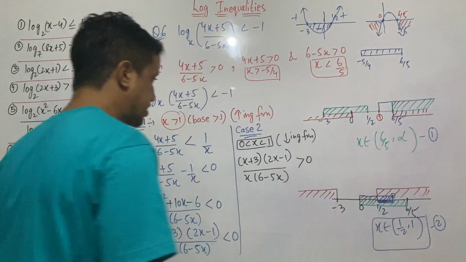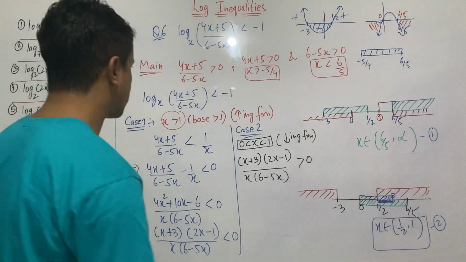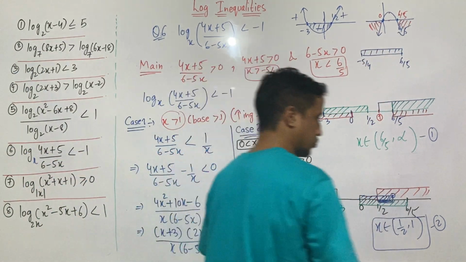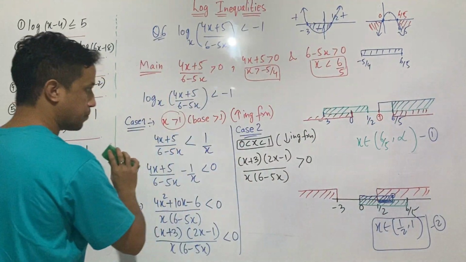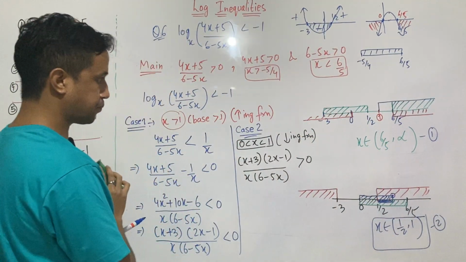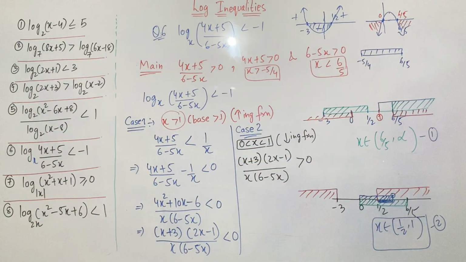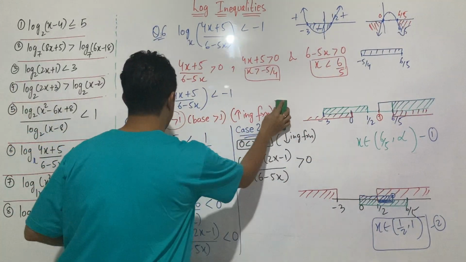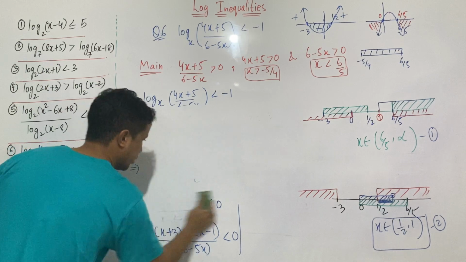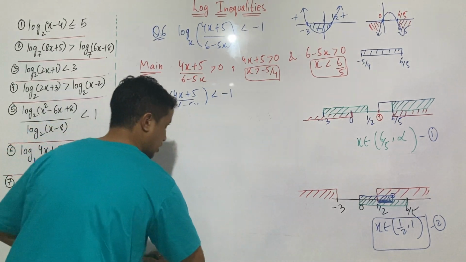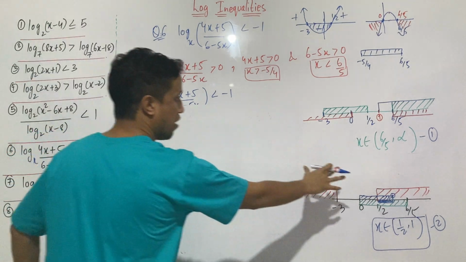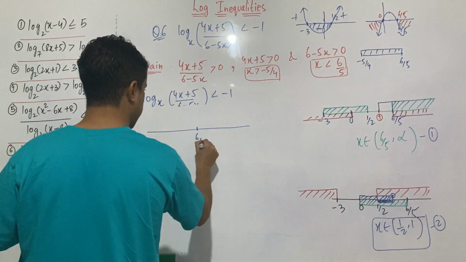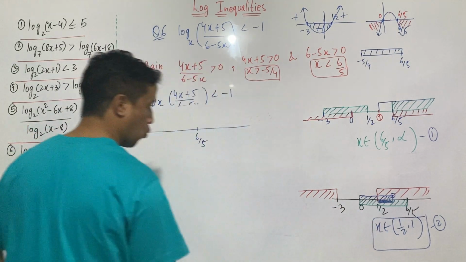Now I have to implement the main condition on these two results. So I will erase this, and here, from 1, this is 6 by 5 to infinity. This is 6 by 5. And this one is 1 by 2 to 1.